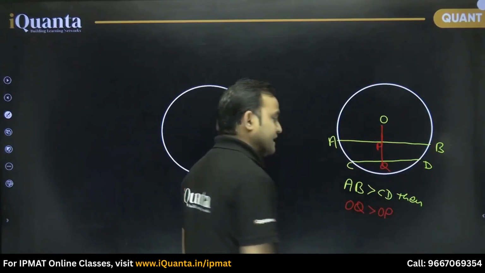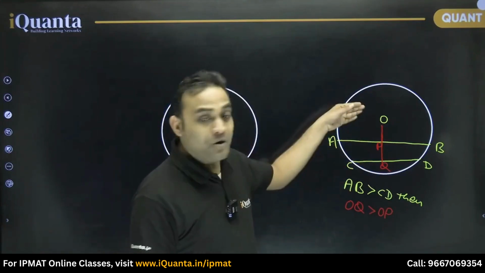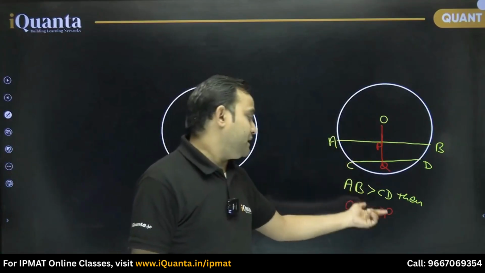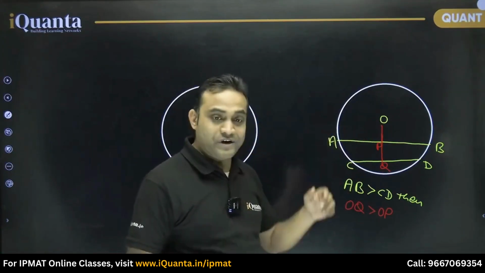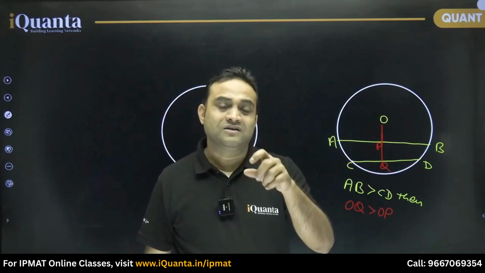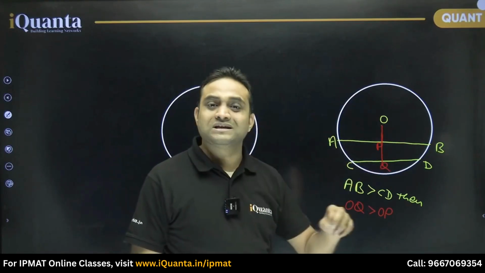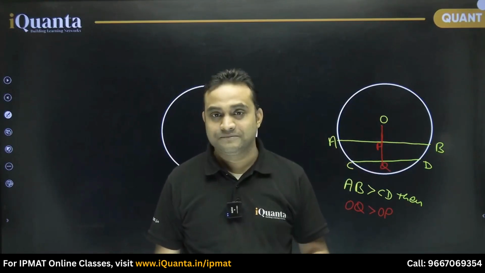This means the perpendicular lengths of these chords from the center will be in this relation. If the chord is bigger, the perpendicular length from the center will be smaller. The farther we go from the center, the shorter the length of the chord becomes. Okay.